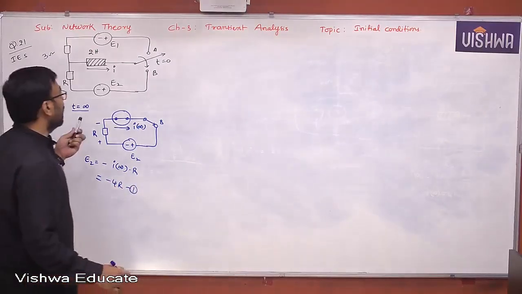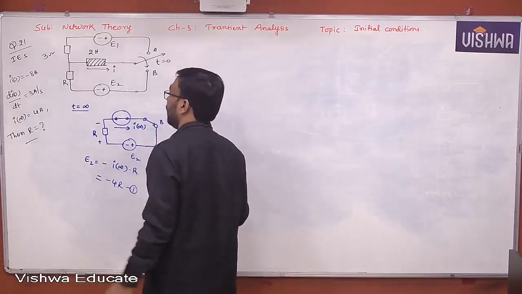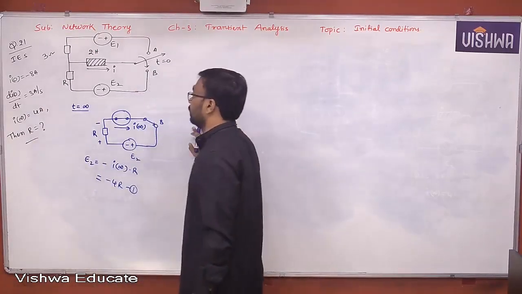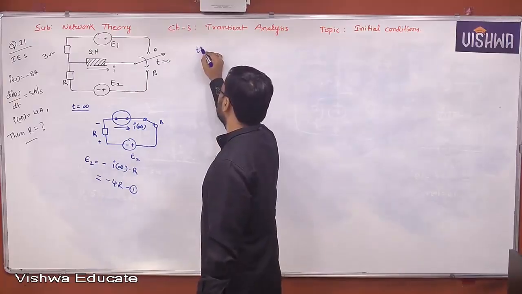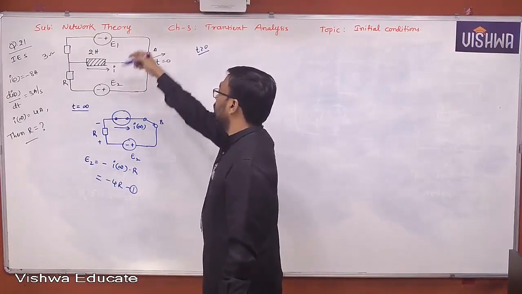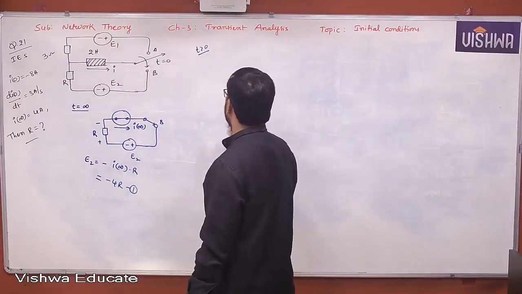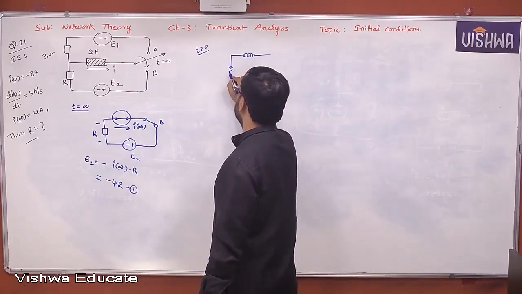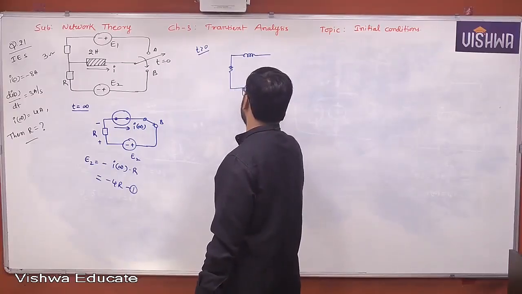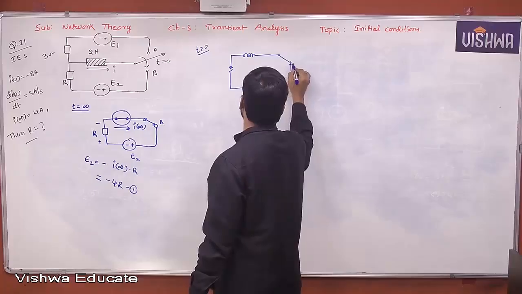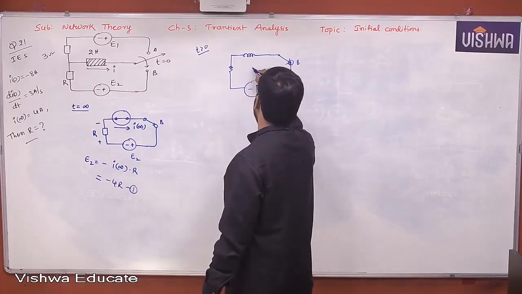Now let us also construct the t equal to 0 plus equivalent, or else you can draw the circuit for t greater than 0. The switch is at B and you write the differential equation. This is an inductor, this is a resistor, this is minus plus, and the switch is at B. Now let us write the equation here.